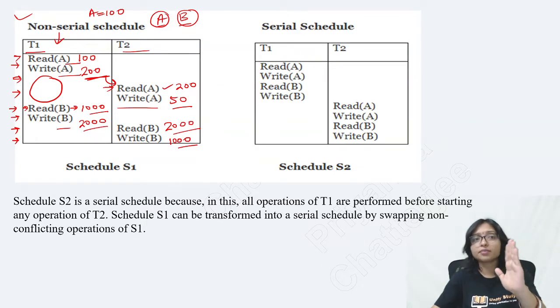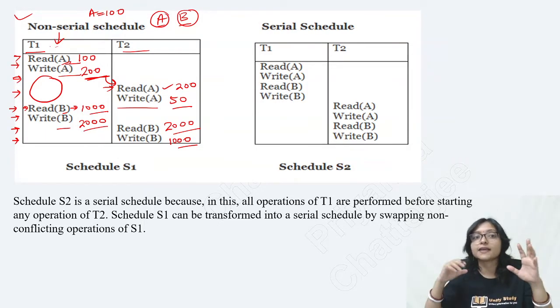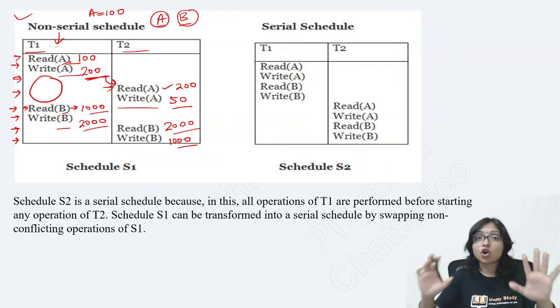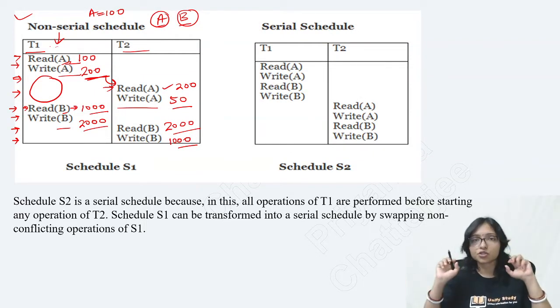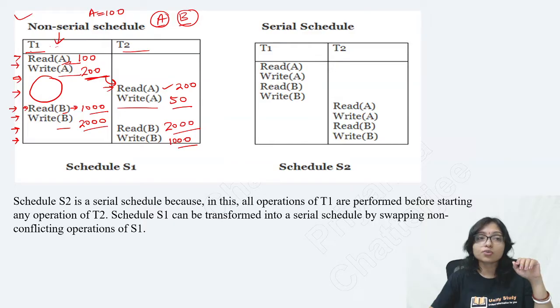One common variable: you can see A is a common variable, B is a common variable. T1 is working on A and B, T2 is also working on A and B. But you can see it is not like T1 completes the task and after that T2 does. No. T1 is doing something, after that T2 is doing. Again T1 is doing something, then T2.